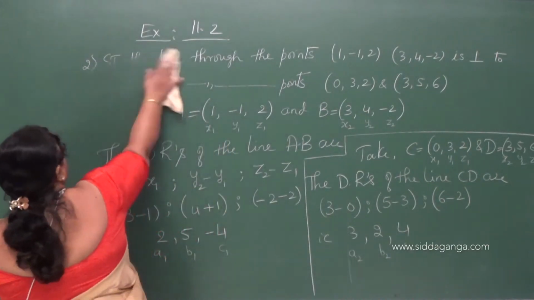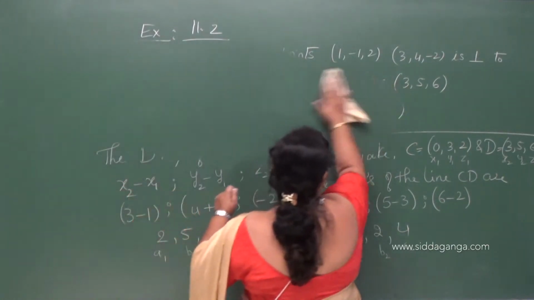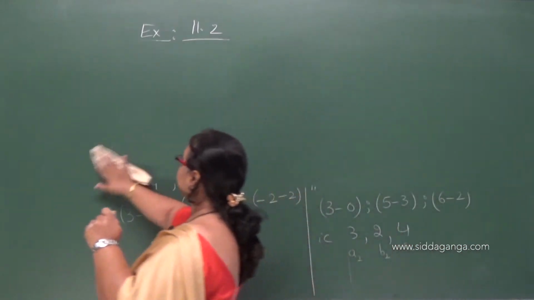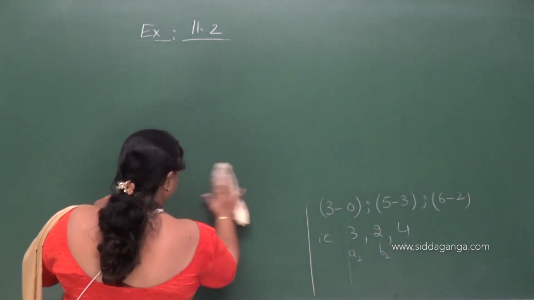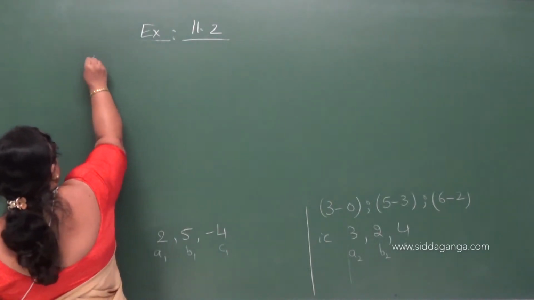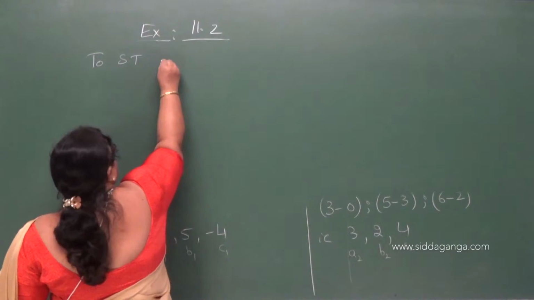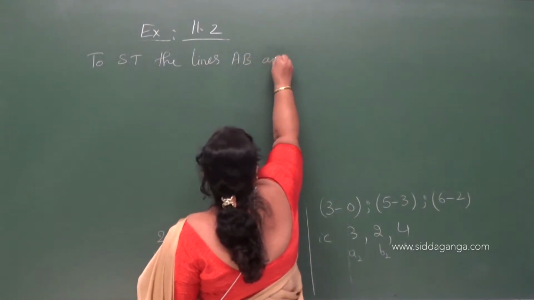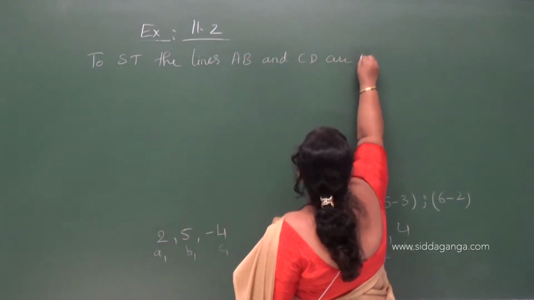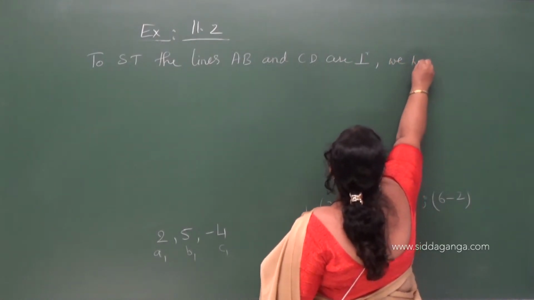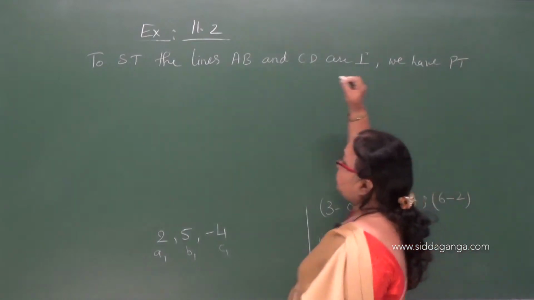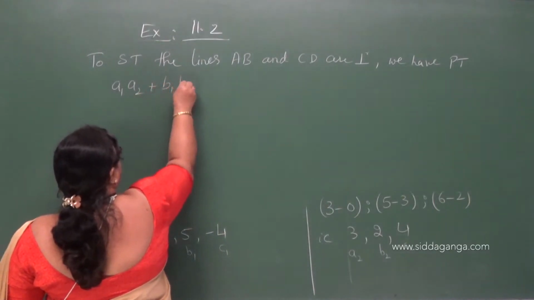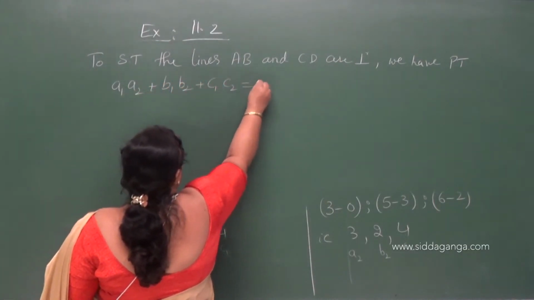So to show that the lines AB and CD are perpendicular, we have to prove that A1 A2 plus B1 B2 plus C1 C2 equal to 0.